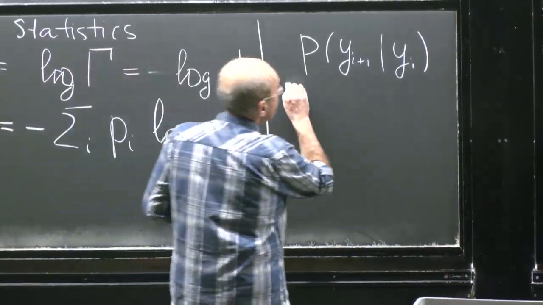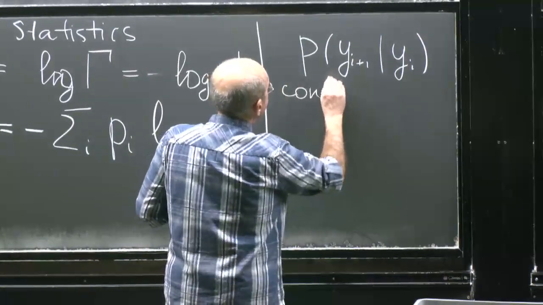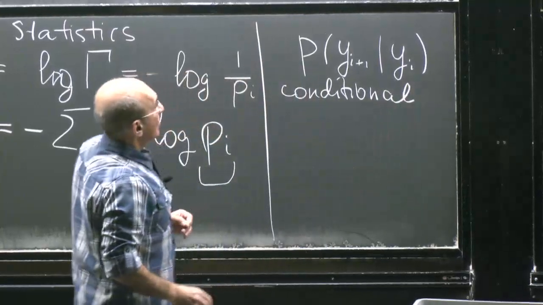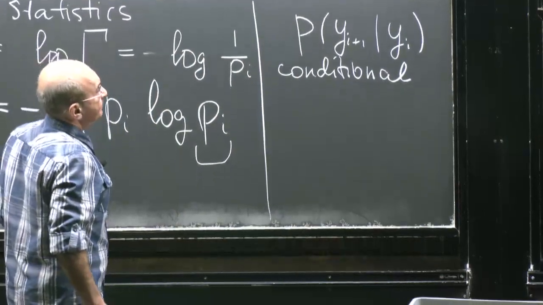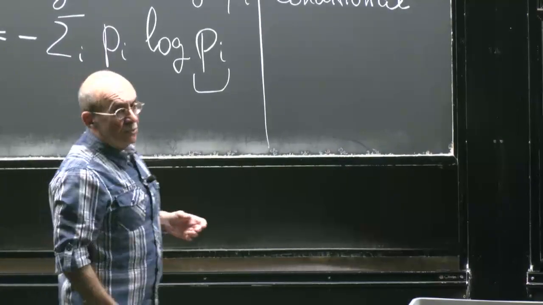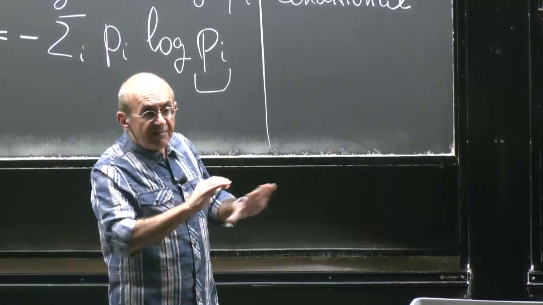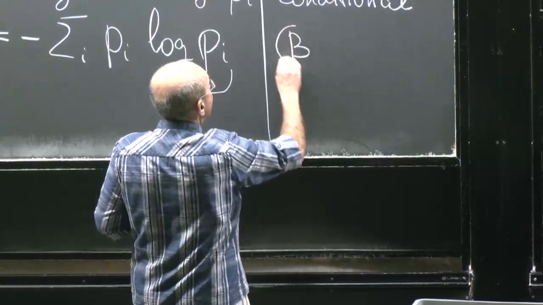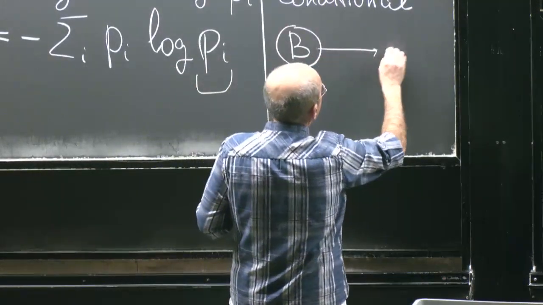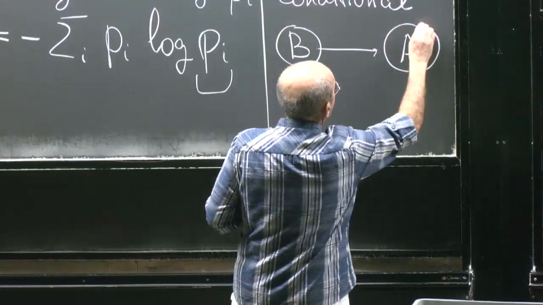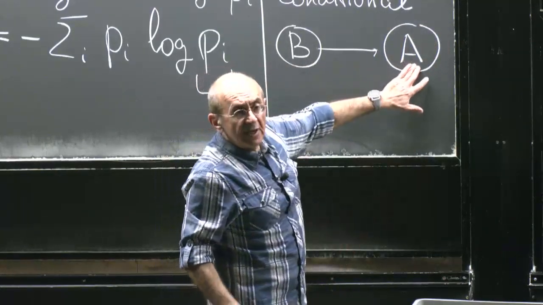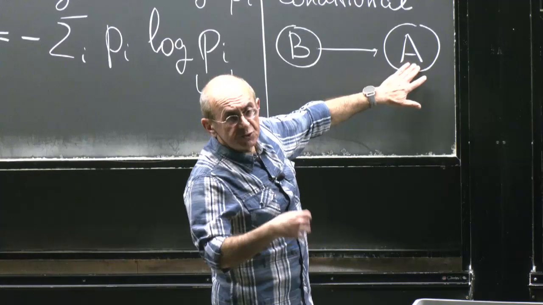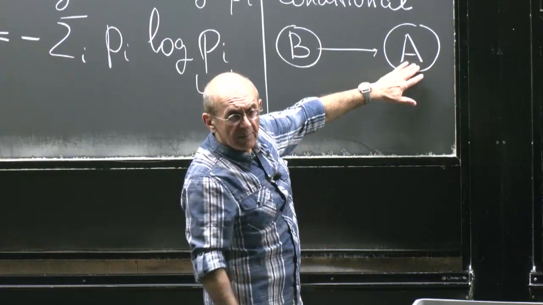But this conditional probability turned out to be extremely important and very general, because it allowed us to consider a very general framework about messages, measurements, memory retrieval. We obtain A, which could be a result of a measurement, a message, or a memory.